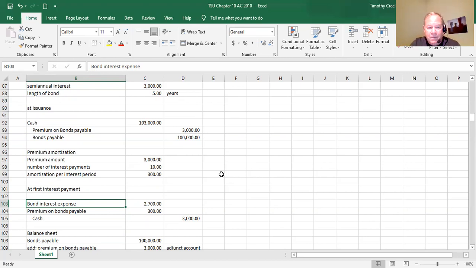So the amount of our bond interest expense here that we're going to debit is the amount of interest that we've got to pay to the bondholders, which is 3,000, less the amortization of the premium, which is 300. So that's going to be a debit for $2,700 to bond interest expense. The debit to premium on bonds payable is going to be 300.